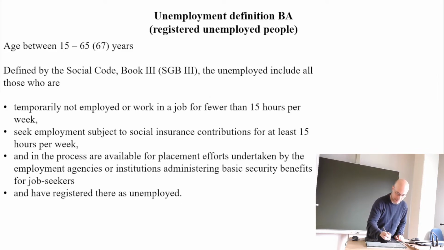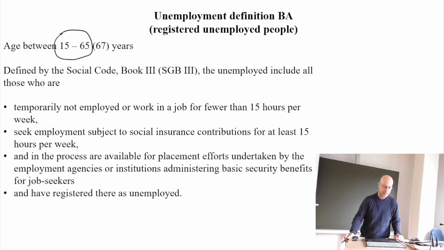So I already mentioned, in general, we look at people in the age between 15 and 65. And maybe you know that in Germany we start to raise the retirement age in the next years. And therefore, I wrote here also 67, because I think in 2032, we will have reached this new retirement age of 67.